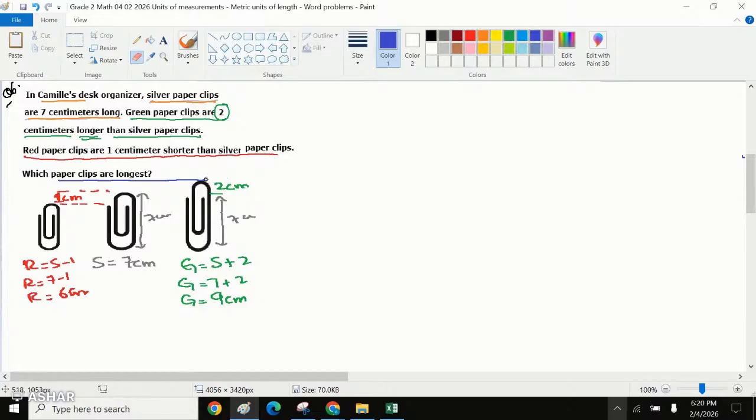Which one do we think is the longest as per the given information? We can say green paper clips are the longest because we took out the lengths. Red was 6 centimeters, silver was 7, and green was 2 centimeters more. Yes, thank you, Valerie.